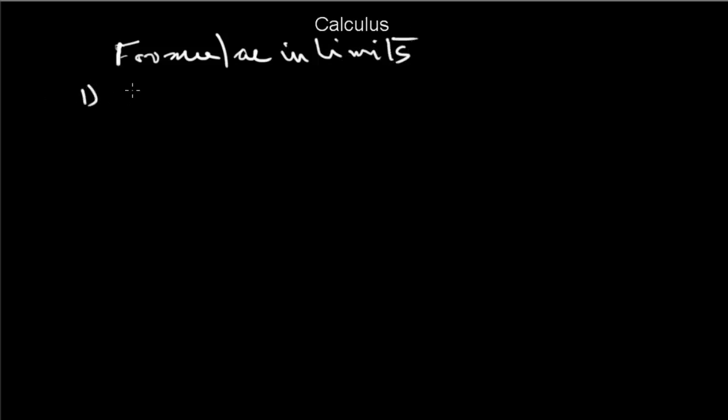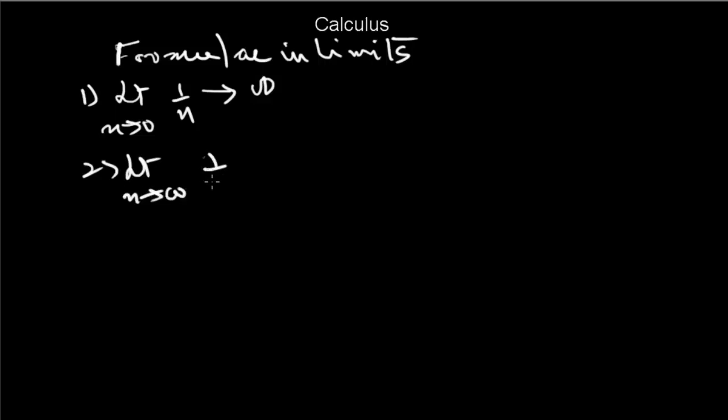Number one, limit n tending to 0, 1 by n tends to infinity. Number two, limit n tending to infinity, 1 by n tends to 0. Whenever infinity comes, we should not write equal to.